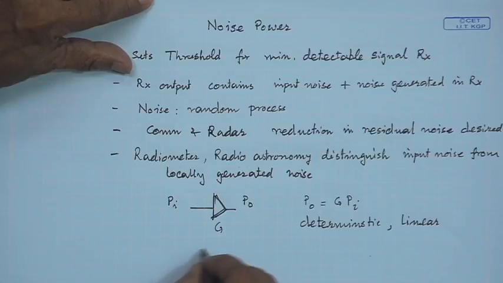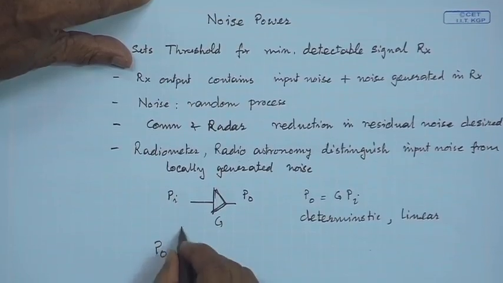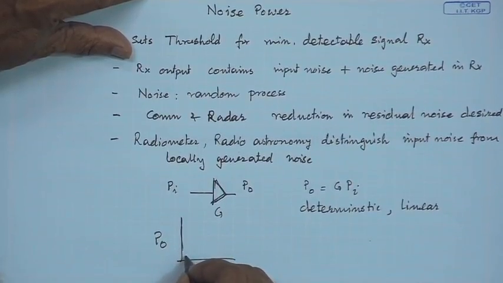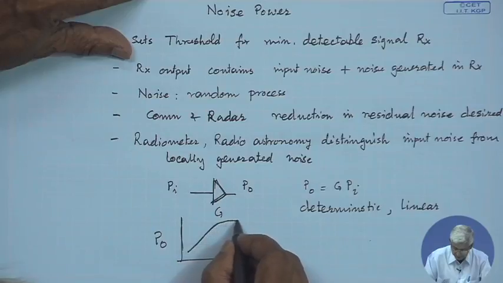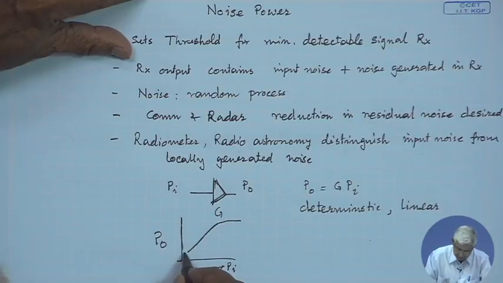But if we look at the amplifier characteristics, it goes linearly and then it saturates. But this linear part does not start at 0.